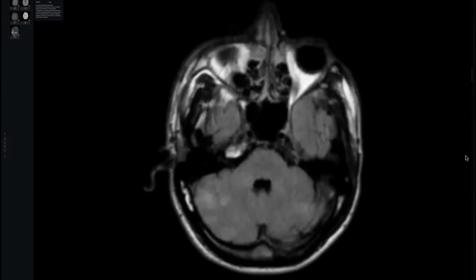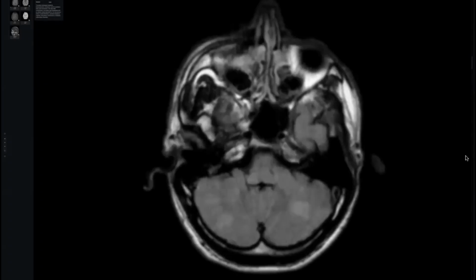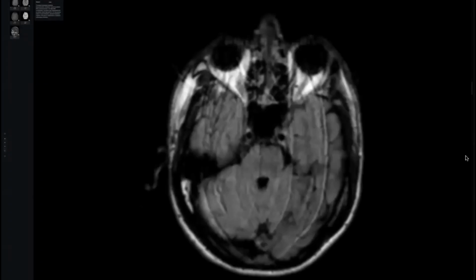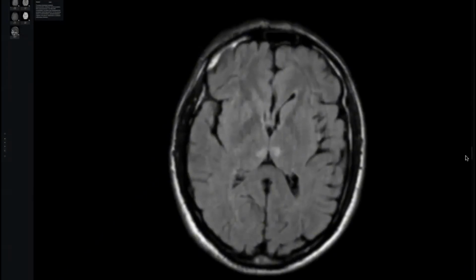The pathology is bilateral and symmetrical, and the patient presented with confusion-like symptoms, and with the bilateral symmetrical involvement of these areas, I am thinking in the direction of a metabolic cause.